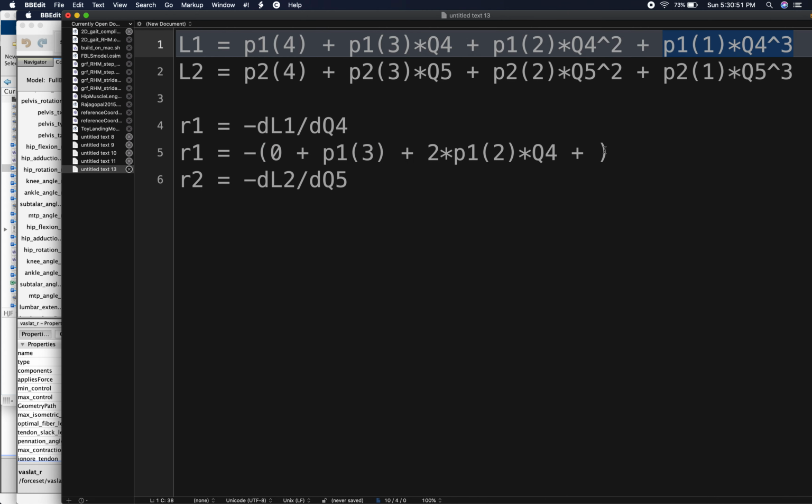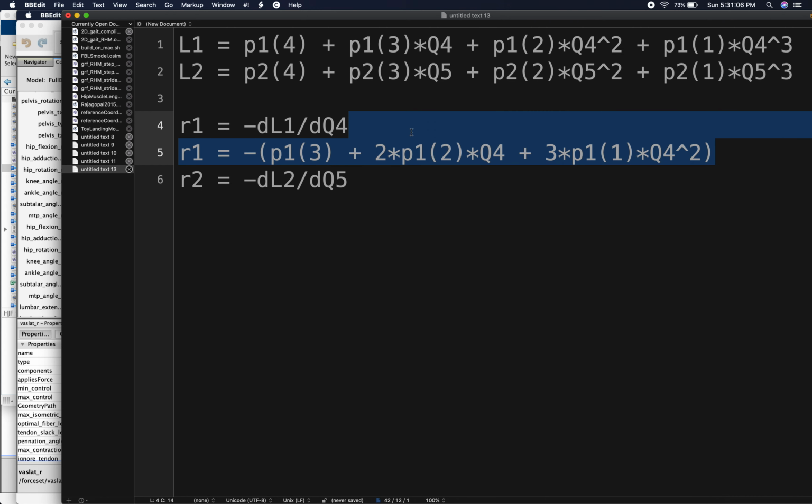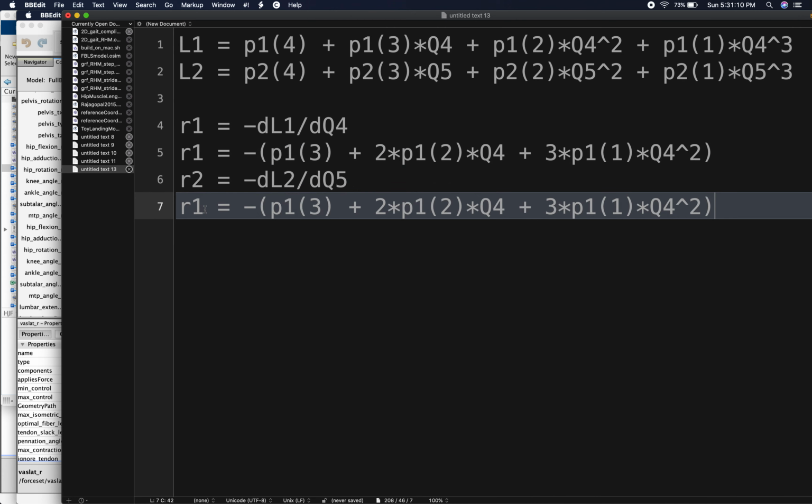And then the derivative of this last term would be 3 times the first coefficient times Q4 squared. So no need to put the 0 in there. And then we would end up with a similar looking thing for the moment arm of the other muscle.